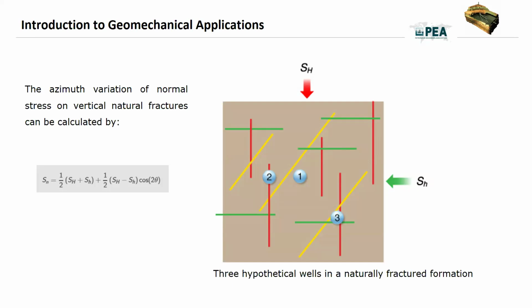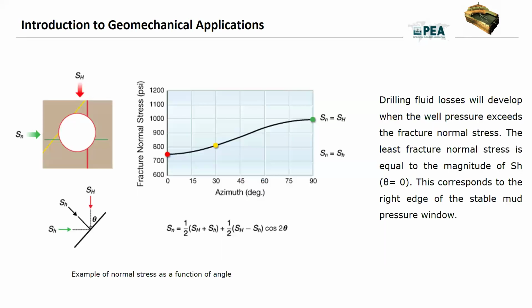The fractures aligned with SH min will still open, because the normal stress on the yellow and green fractures is much bigger than the minimum horizontal stress. All these sets are based on the horizontal stress azimuth and also the hoop stress concentration around the wellbore. So here we can go through explanations.